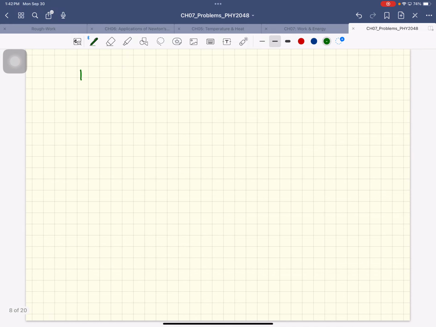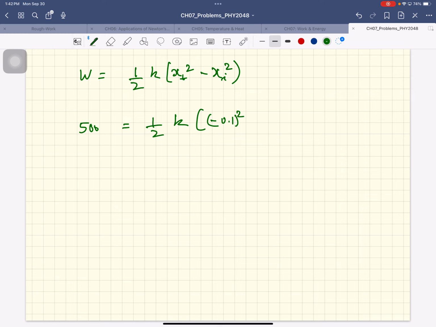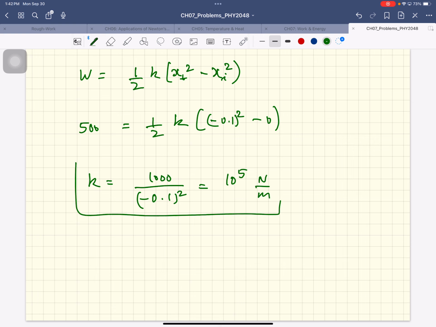So work done is 1/2 k x squared. Okay, so 100,000 Newton per meter.